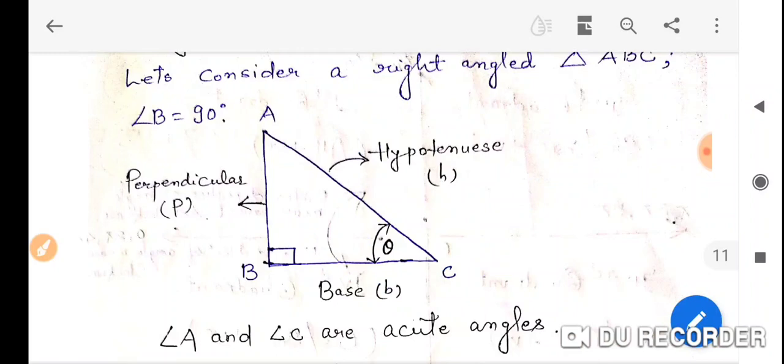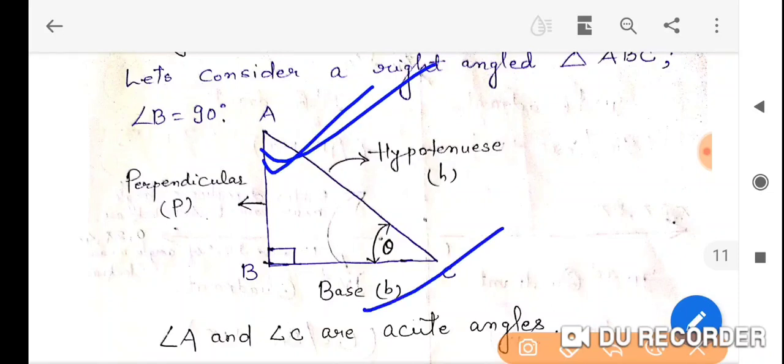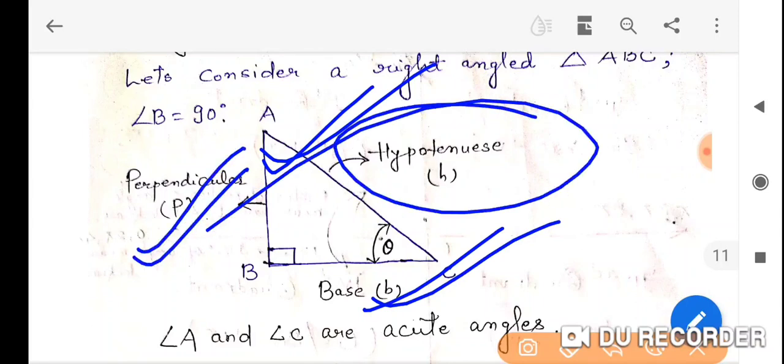So you must know the variation of perpendicular and base with the angles. If we consider angle A, then the perpendicular will be BC and AB will be the base. Hypotenuse is invariable. This will not be changed.